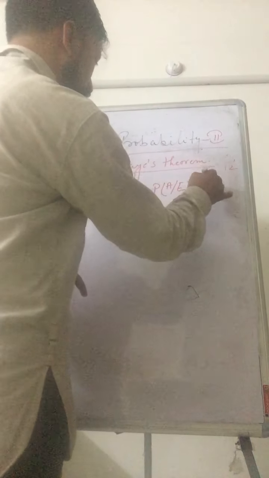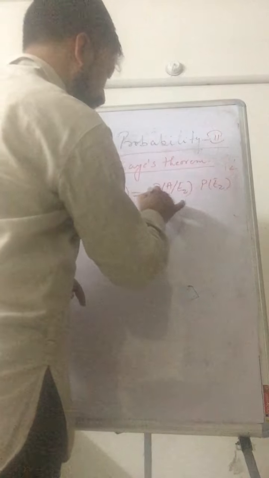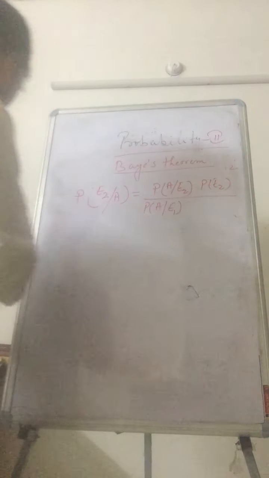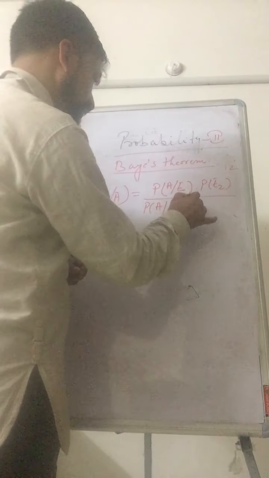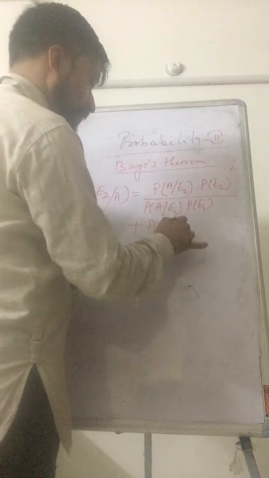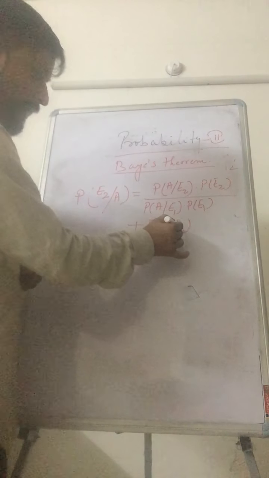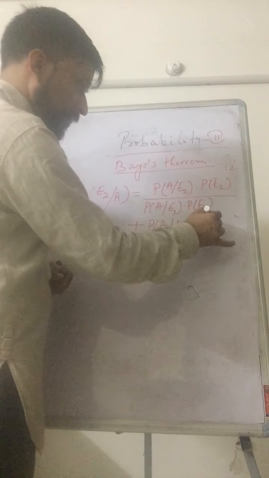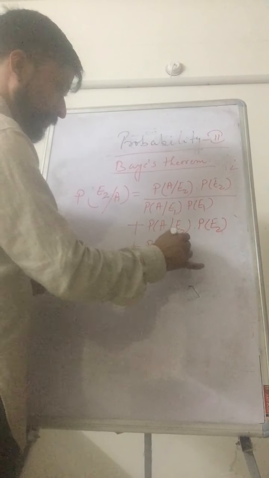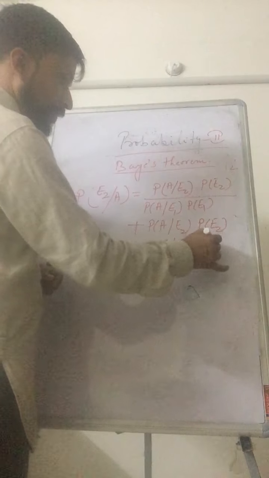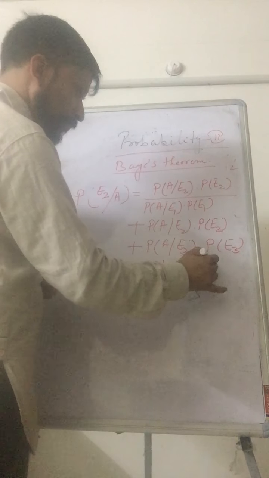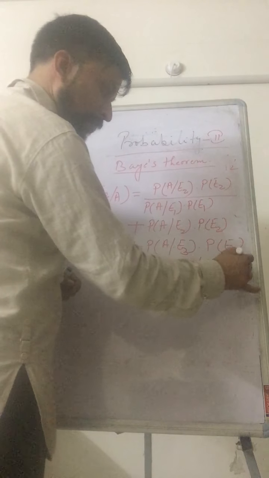into the probability of container number 2, divided by the probability of getting a red ball from container number 1 into the probability of container number 1, plus P of A given E2, meaning the probability of getting a red ball from container number 2 into the probability of container number 2, plus the probability of getting a red ball from container number 3 into the probability of container number 3, plus the probability of getting a red ball from container number 4 into the probability of container number 4.